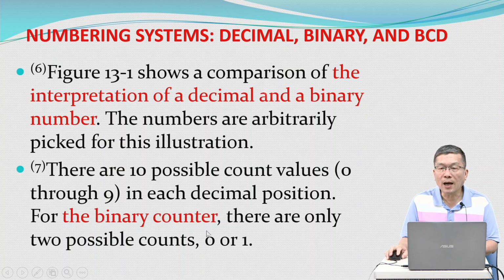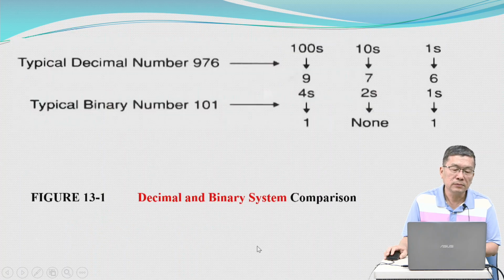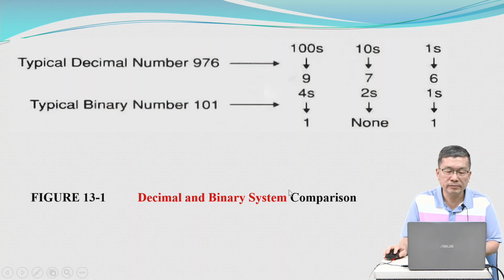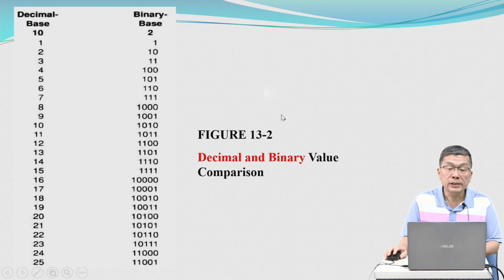For the binary counter, there are only two possible counts, 0 or 1. This picture shows decimal and binary system comparison. Typical decimal numbers, typical binary numbers. This picture shows decimal and binary value comparison.